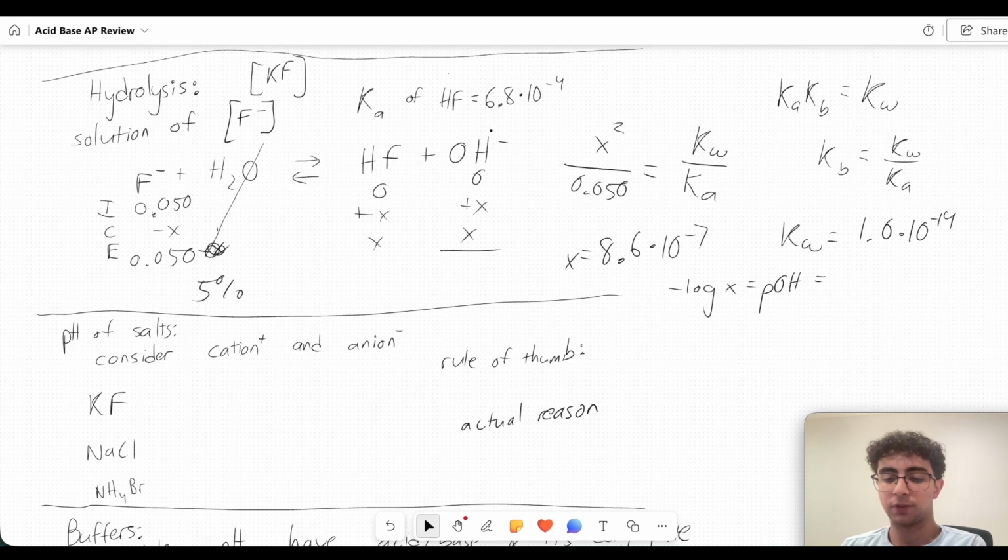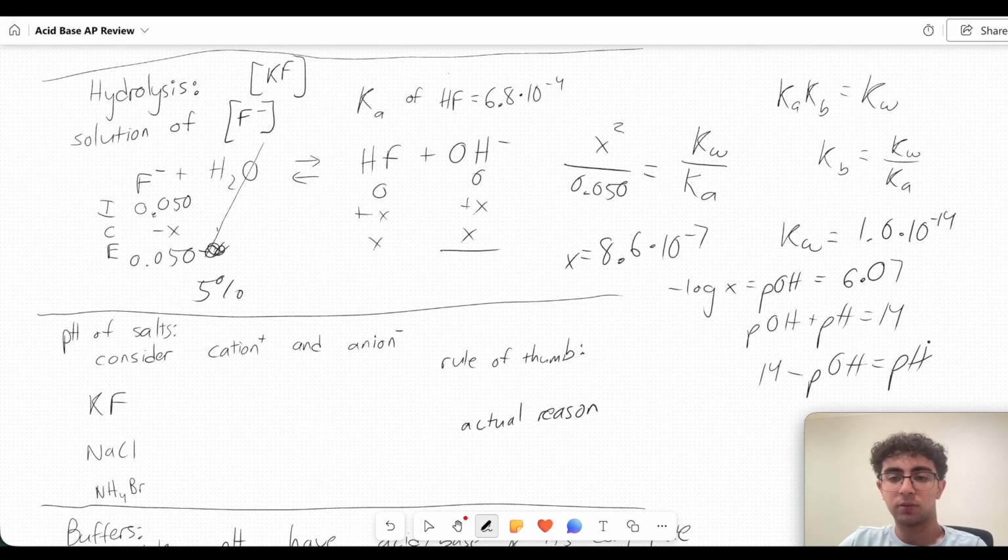So negative log of that will give me a pOH of about 6.07. To solve for my pH, I know that pOH plus pH equals 14. So that means 14 minus pOH equals pH. So 14 minus this value right here should get me my pH. And I get my pH is about 7.93, which makes perfect sense because it's behaving as a base.